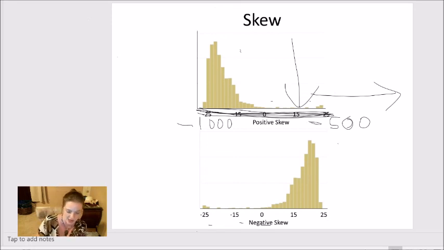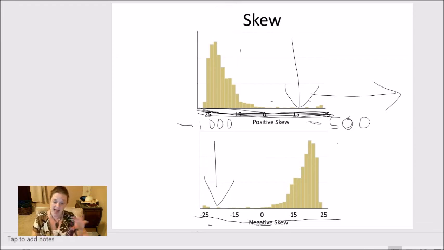Same thing down here. This is not only called negative skew, it's also called left-hand skew because the negative numbers are on the left-hand side of the distribution. And anytime you have extra extreme scores on the left side, you call it negative skew.